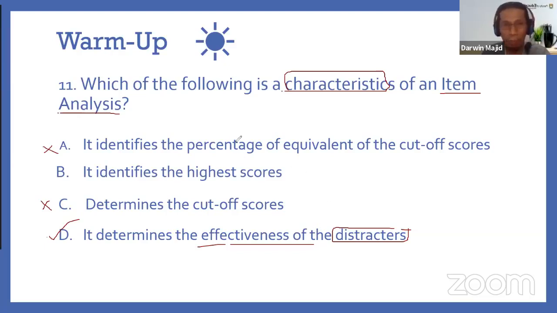At pag gusto daw nating pahirapin ang choices, anong gagawin mo? Pag gusto mo mapahirap pa yung distractors mo. Kasi pagka ginawa mo to, laging iniisip ng tao na ito lagi ang tamang sagot. That's why the test will become difficult.